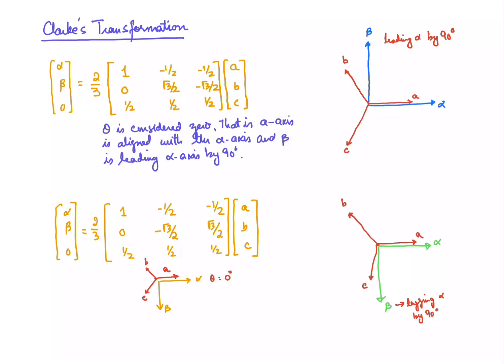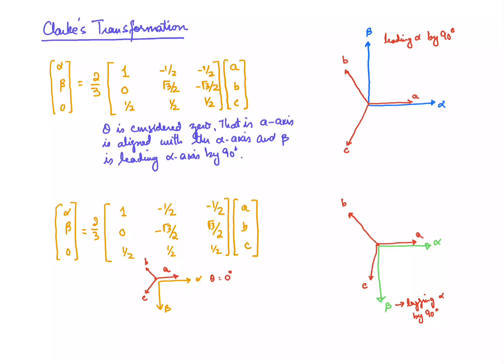Now what if the beta axis is lagging the alpha axis by 90 degrees? If we assume this orientation, where alpha is aligned with the A axis but the beta axis is lagging instead of leading, as it was leading over here but is lagging over here, you should be able to derive the transformation matrix.